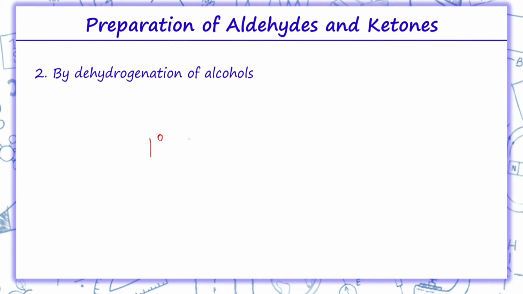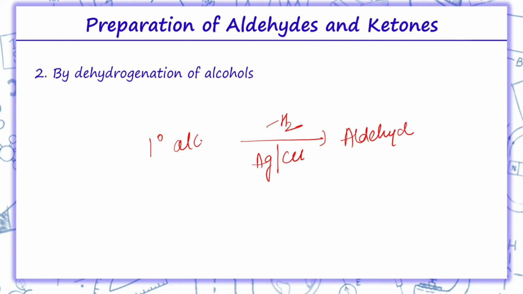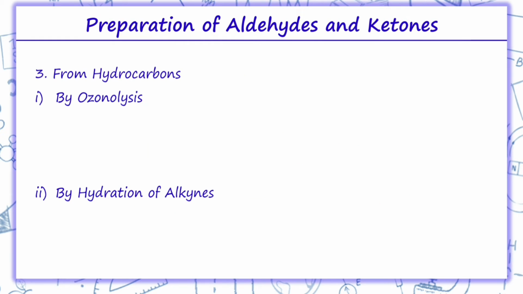So, if we have primary alcohol on dehydrogenation, that is removal of hydrogen in presence of metals like silver or copper, primary alcohols give aldehydes and secondary alcohol gives ketones.